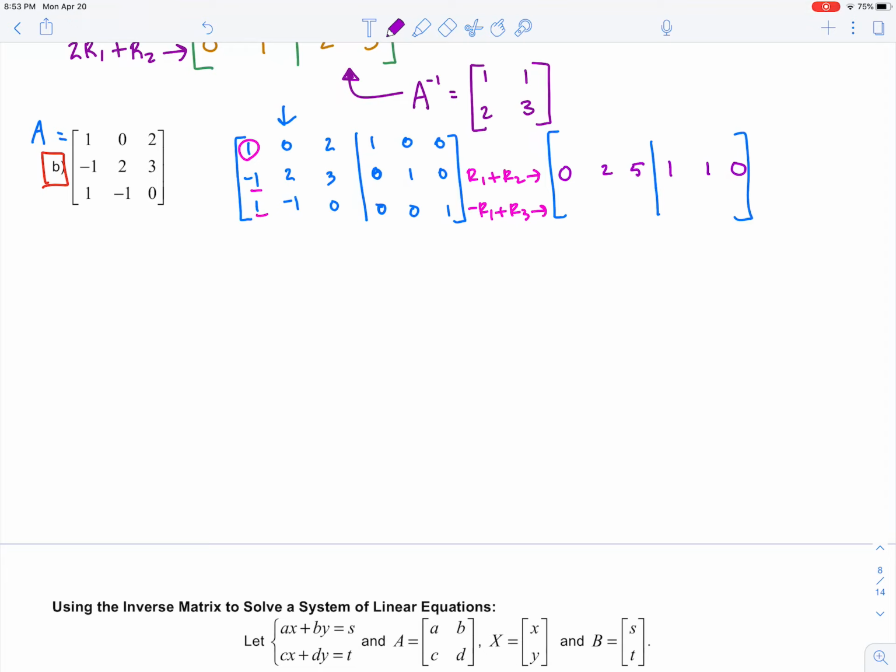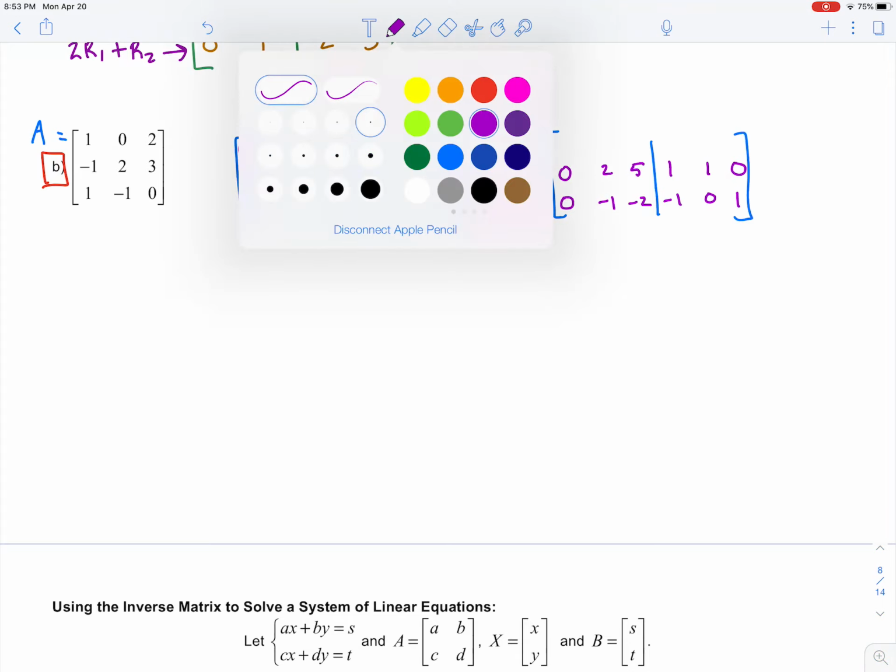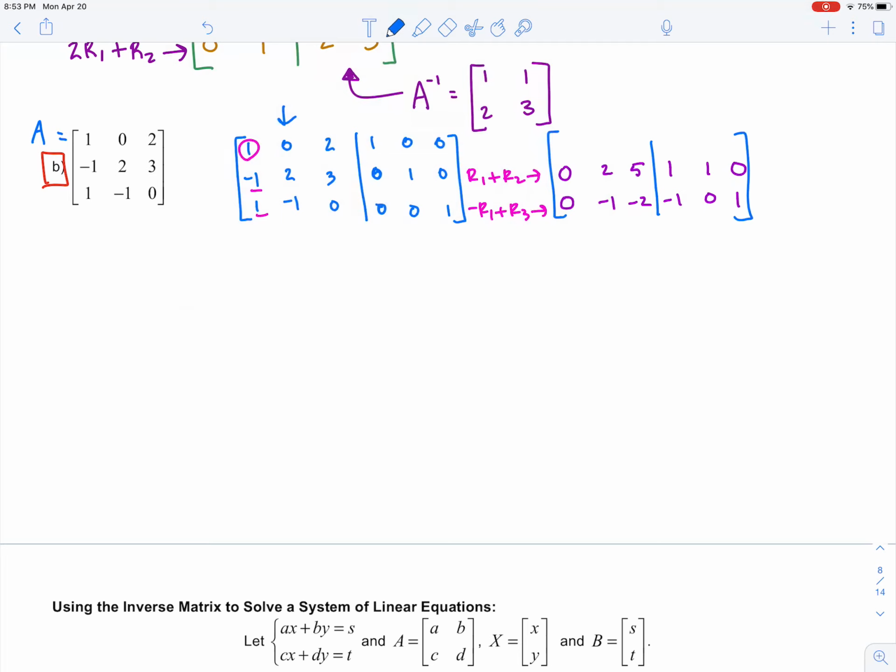Negative row 1 plus row 3 will give me 0, negative 2, negative 1, 0, 1. All right, we did not change row 1, so you go ahead and write it out. It was 1, 0, 2, 1, 0, 0.